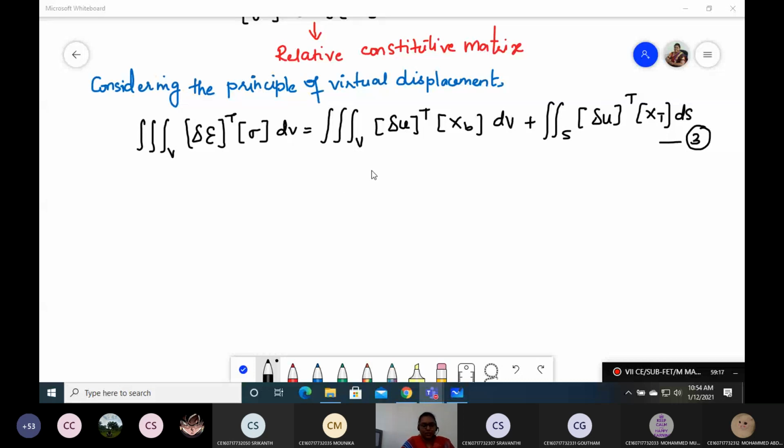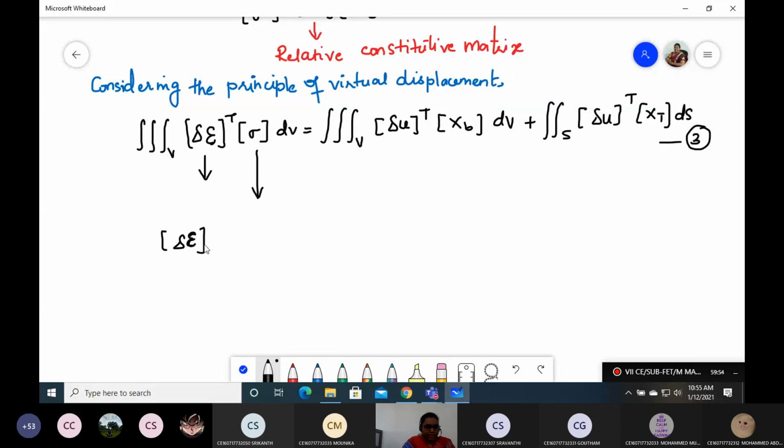Now, let us take this as equation number 3. If you check this equation clearly, here we have the strain matrix and stress matrix. Here it is not directly epsilon matrix, but delta epsilon.